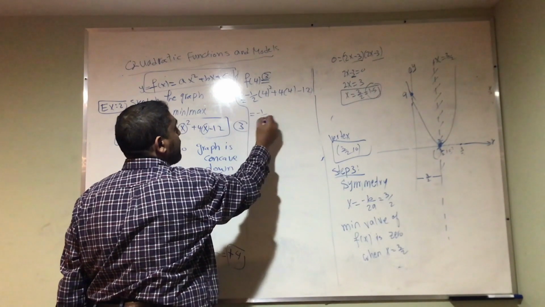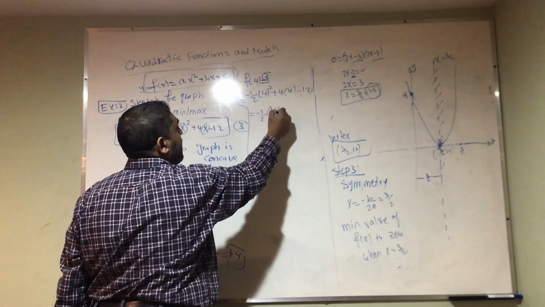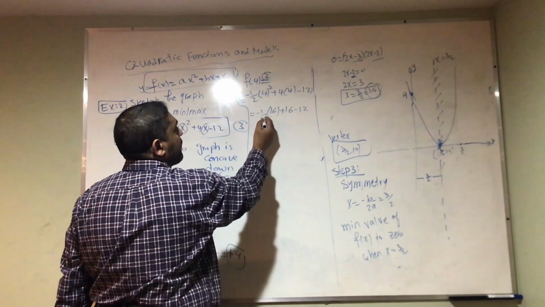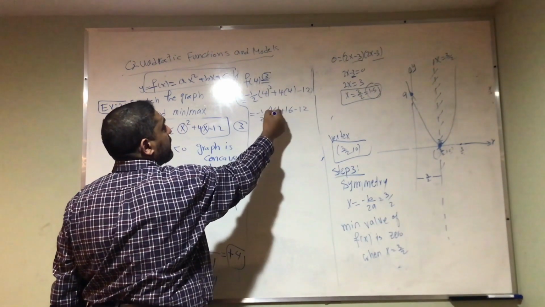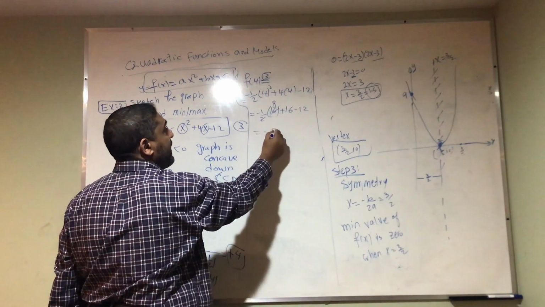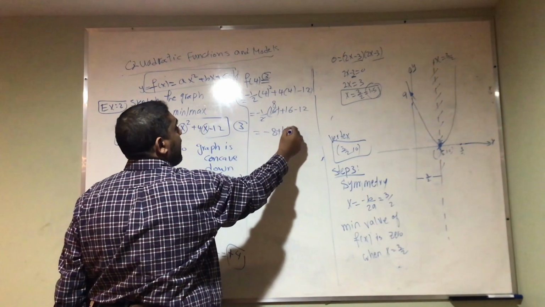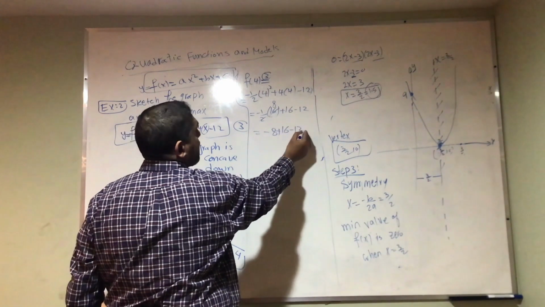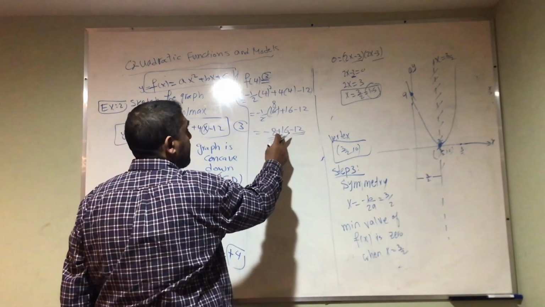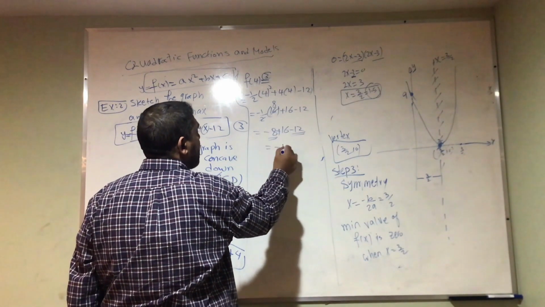You have negative 1 over 2 times 16, and here you have also 16 minus 12. So 2 cancels with 2 here, you get 8. So 8 multiplied by minus 1, you get minus 8 plus 16 minus 12. So minus 12 with minus 8, you get minus 20. Minus 20 with plus 16, you get minus 4.